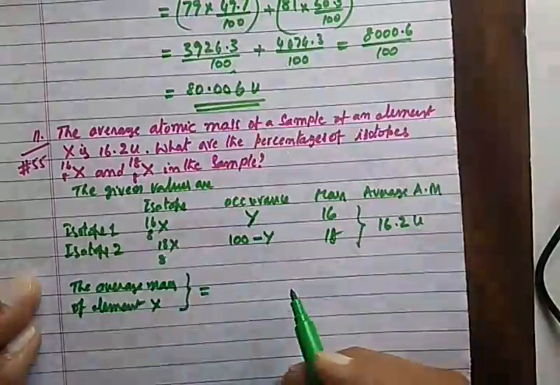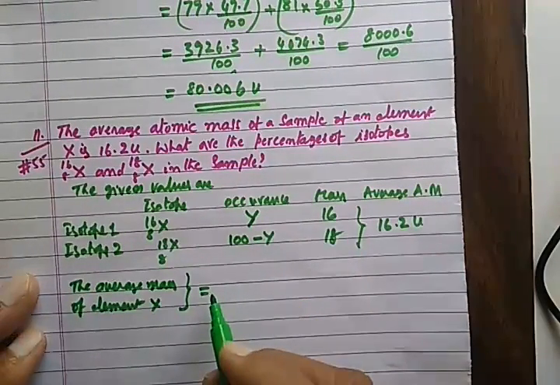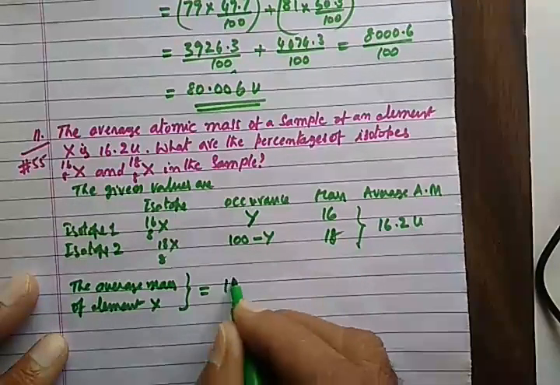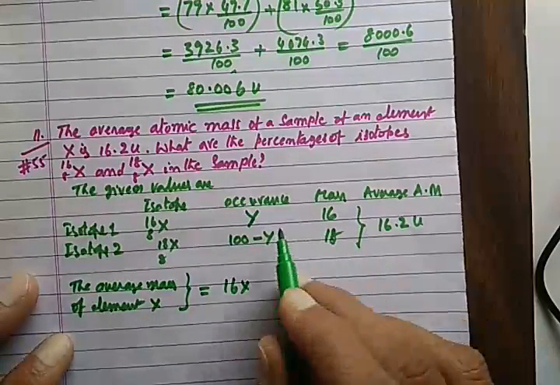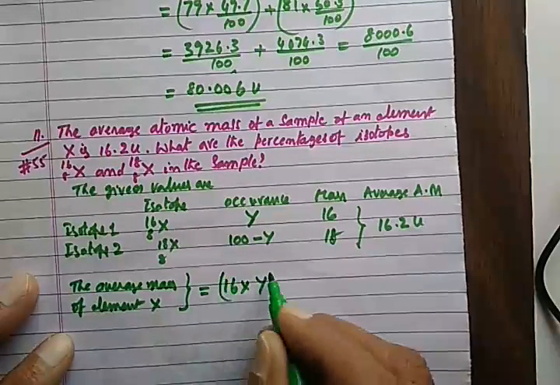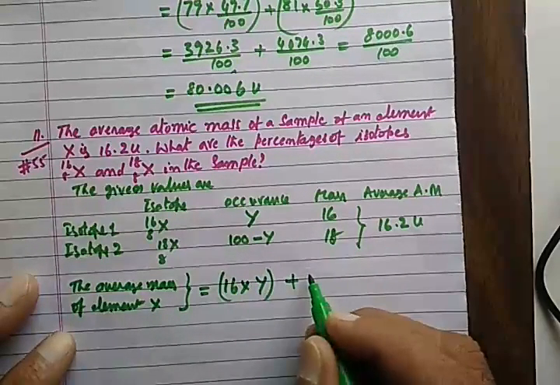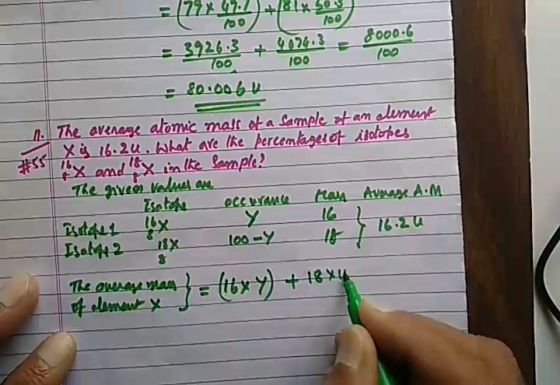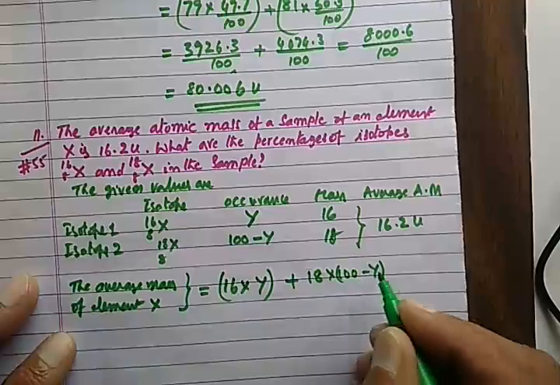I cannot show both together. Okay, you know it. Mass of isotope 1 is 16, occurrence of isotope 1 is y. The second one, mass of isotope 2 is 18, and its occurrence is 100 minus y.